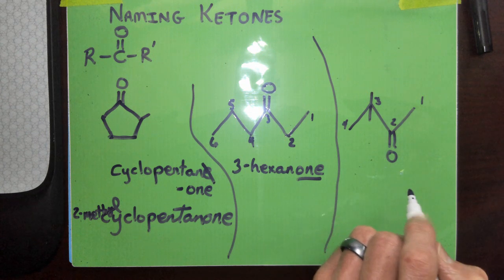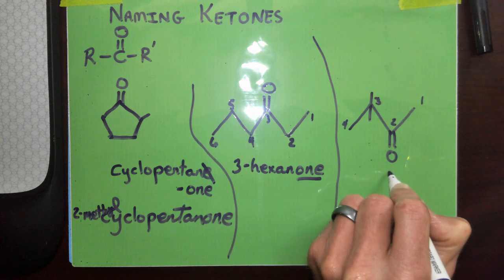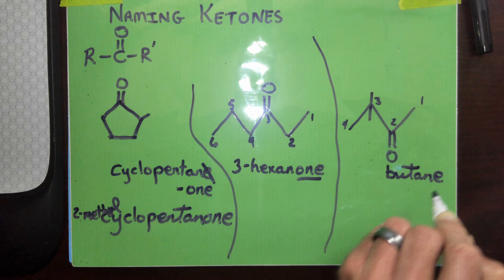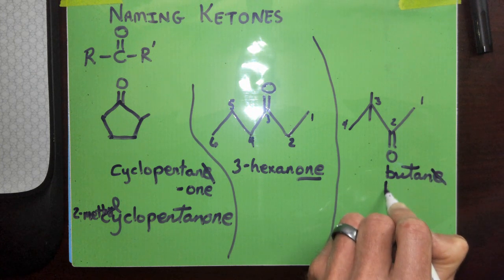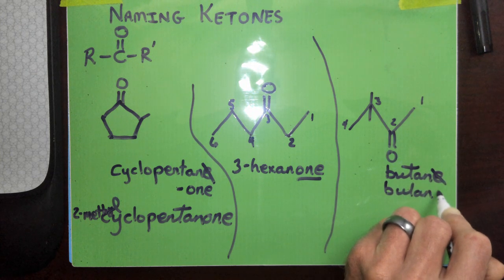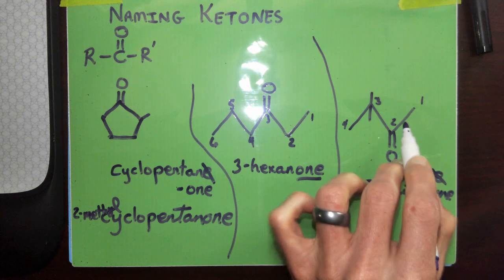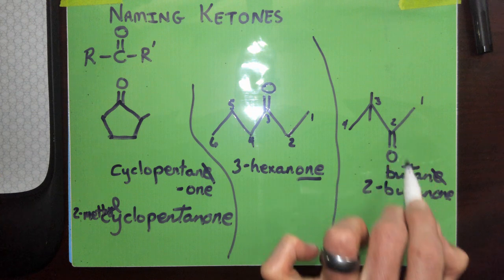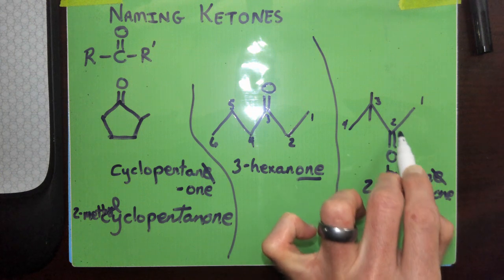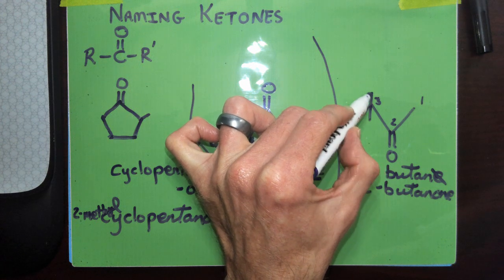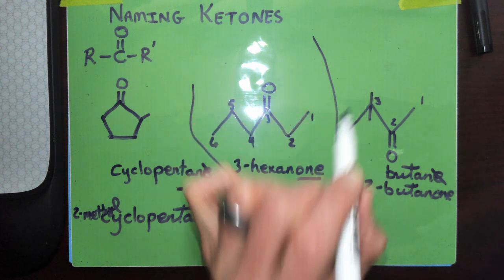Okay, so 4 carbons is butane. We're going to change that to butanone. Put 2 for representative of where the ketone group is. And then we notice on 3 we have 2 methyl groups.